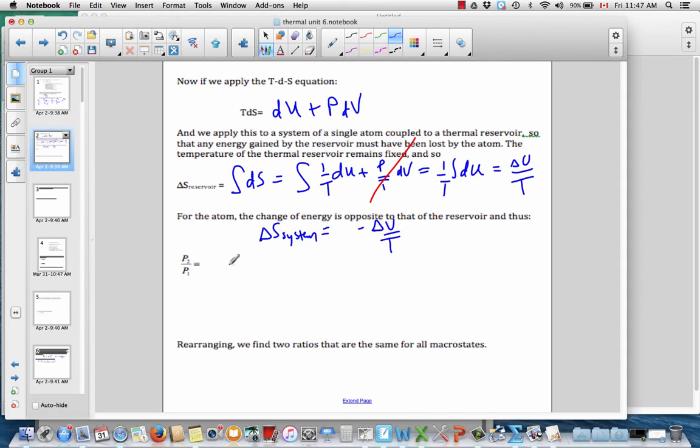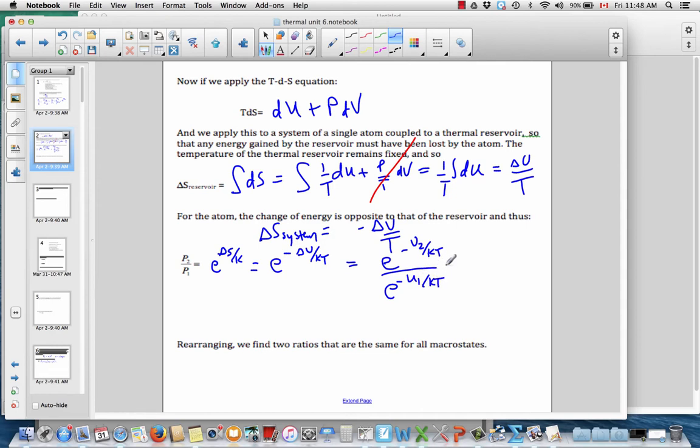So if we put that into the previous relationship that we had, which was e to the delta S over k, we can see that that's now going to be e to the minus delta U over kT, or rewriting that in terms of values for the two states, this will be U2 over kT, and this will be U1 over kT.